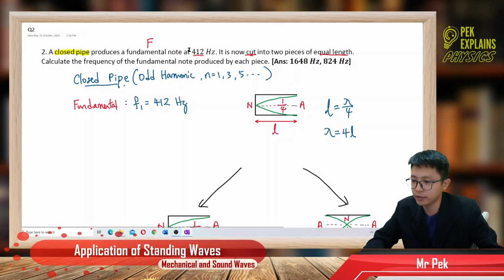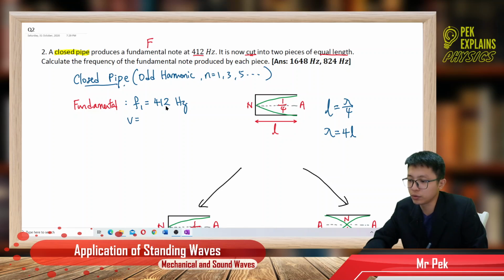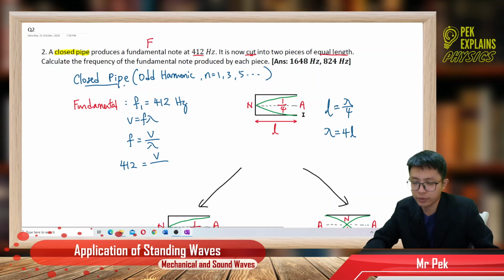Now let's find this frequency. He said the fundamental frequency for the closed pipe is 412. Just use the formula V equals F lambda, so the frequency is equal to V over lambda. The fundamental frequency is 412, and the lambda I got from here is 4L, so just substitute 4L.